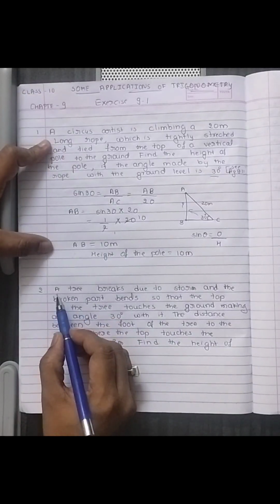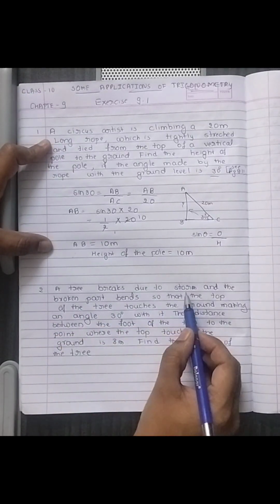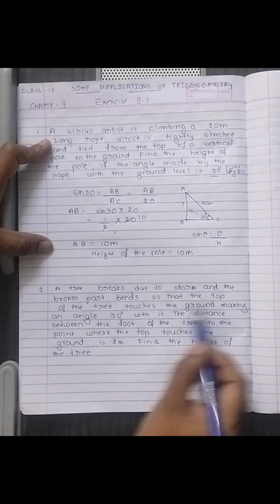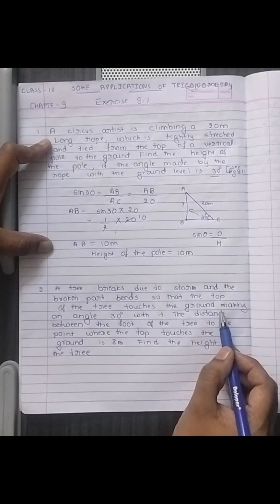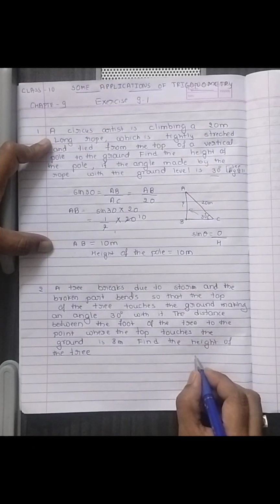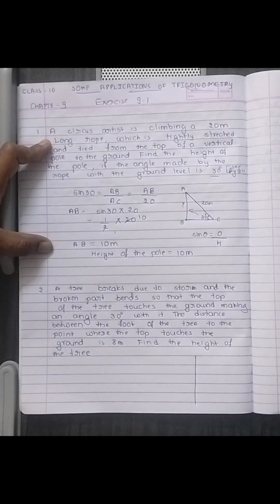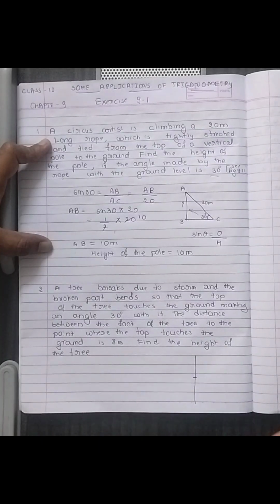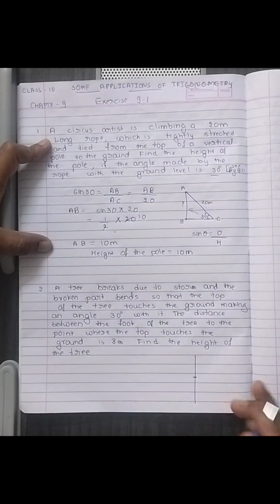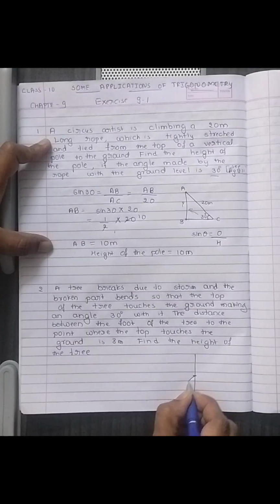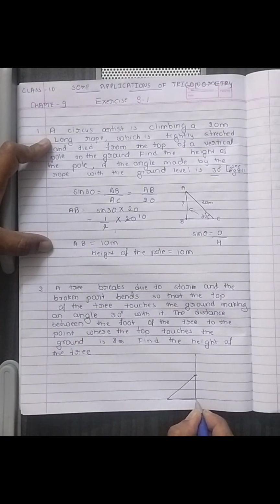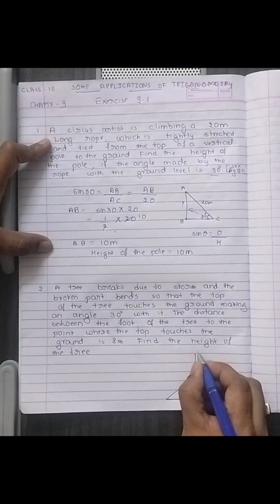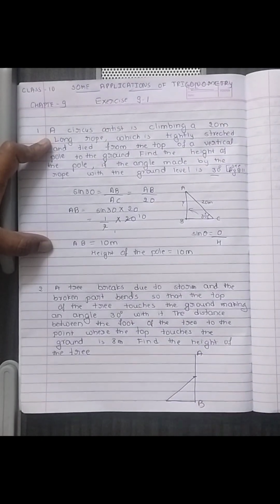There it says that a tree breaks due to the storm and the broken part bends so that the top of the tree touches the ground. So this is the tree, and some portion of the tree is breaking and falling to the ground. Let AB be the tree height.